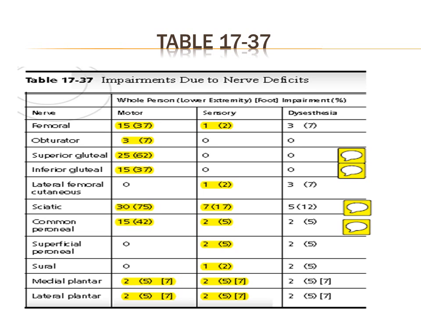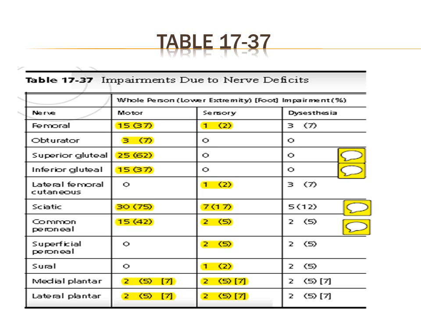As you look at this chart, you'll notice that some of the nerves provide for 0% impairment due to loss of motor function. Why is that? The reason is that the nerves with 0% permanent impairment due to loss of motor function are purely sensory nerves, including the lateral femoral cutaneous nerve, superficial peroneal nerve, and the sural nerve.